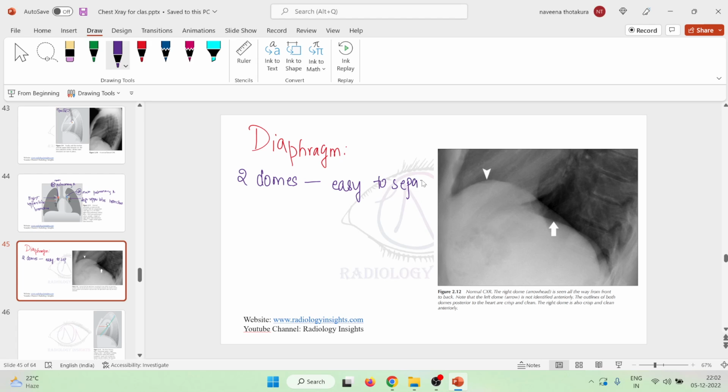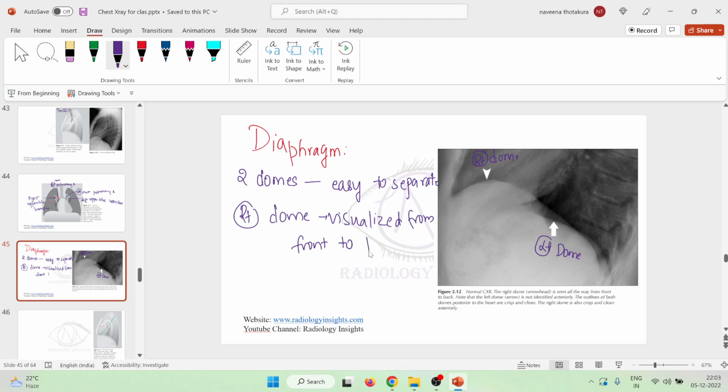Number one, here we have the right dome which is seen from the front to back like this continuously, whereas this is the left dome. If you see the right dome, it is visualized completely from front to back.